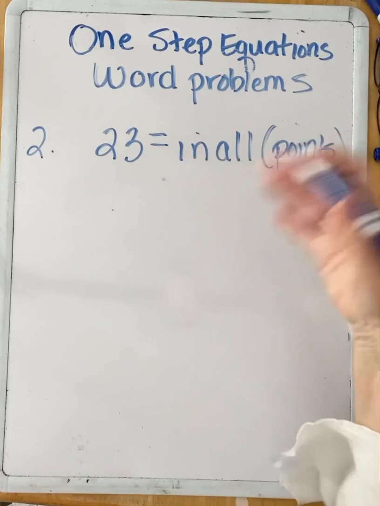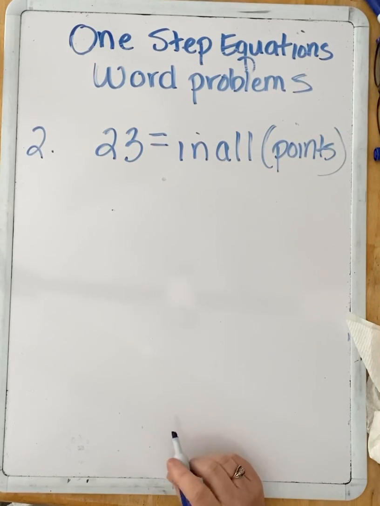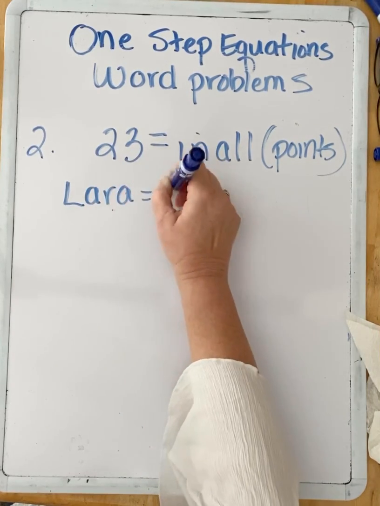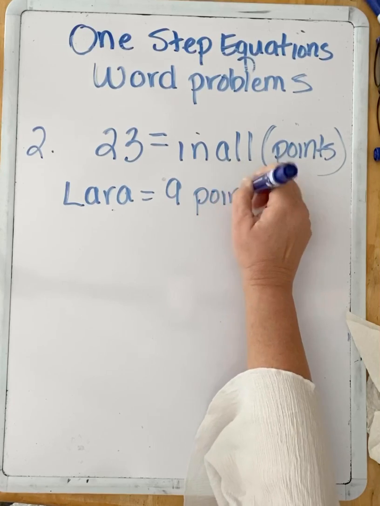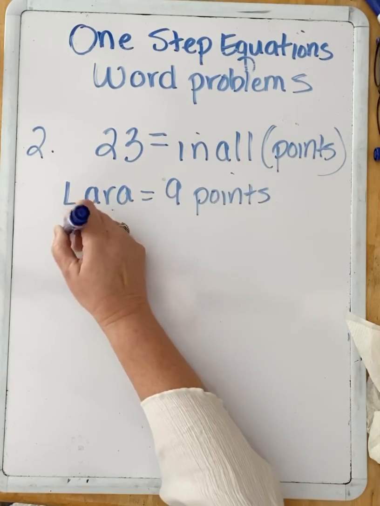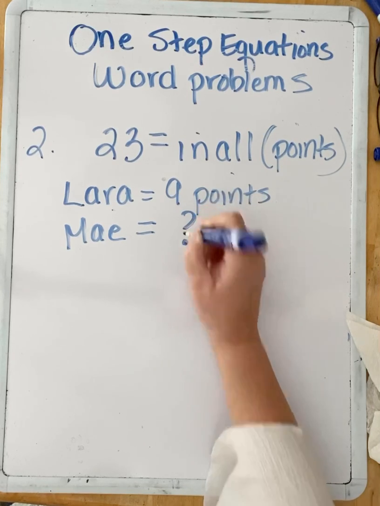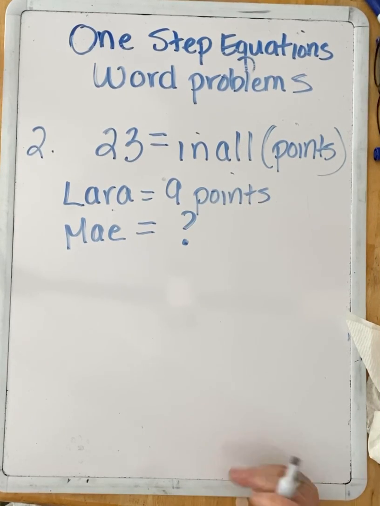We're no longer talking about money, we're talking about points. Okay, if Laura scored 9 points, how many points did May score? Okay, so we don't know right now because they haven't told us. We need to figure it out.